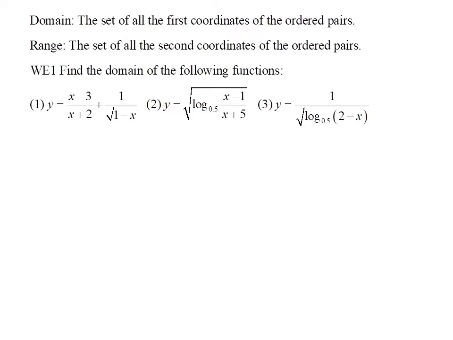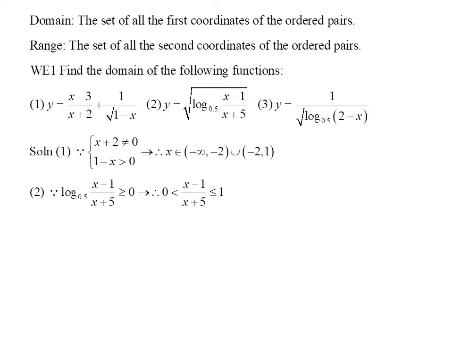According to the rule of this function, it is valid if the denominator of the first term is not equal to 0 and 1 minus x in the square root in the denominator of the second term must be greater than 0. Therefore, we have two simultaneous inequalities established, and the domain of the function is obtained by solving them, which is x less than 1 but not equal to negative 2.